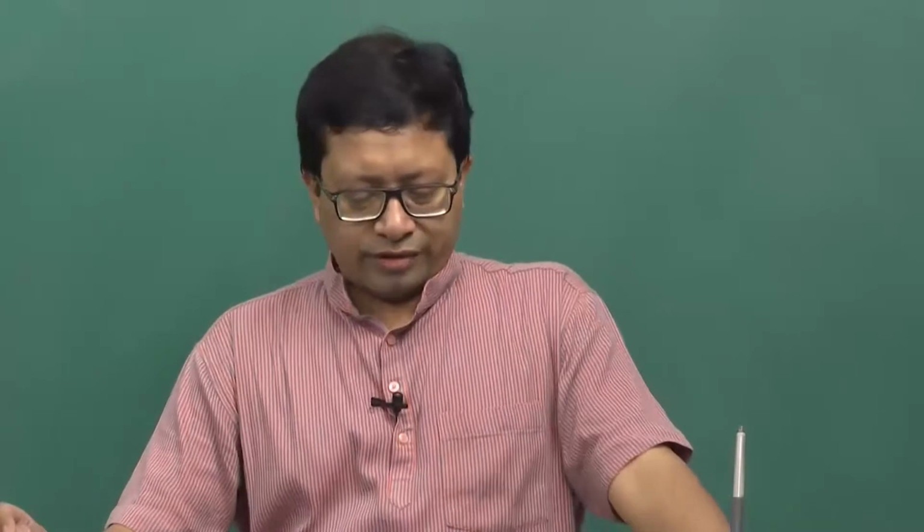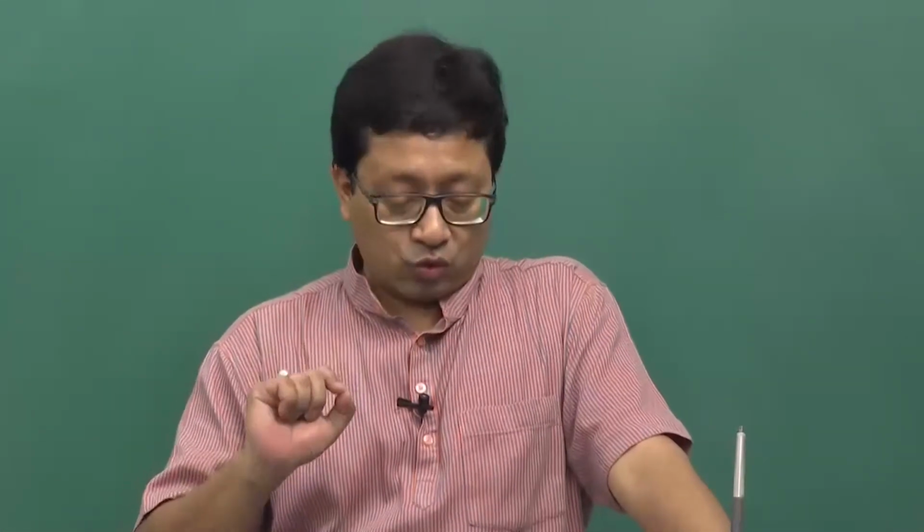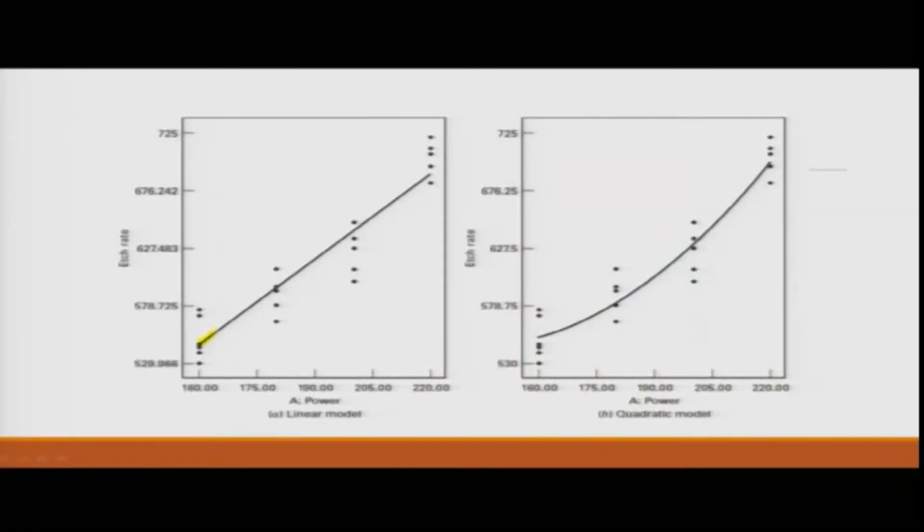What you are trying to fit is the mean value. In the diagram, the linear plot is there, and the mean values are somewhere here. This is just a very rough estimate. If I go for the quadratic model, the mean values almost fall here. This is just a guesstimate I am showing you. There can be other model fitting also.